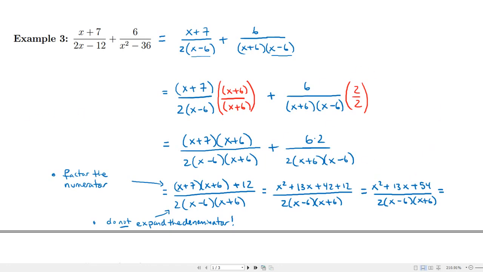Anything else? If we think about all the factors of 54, we'd have 1 and 54, 2 and 27, 3 and 18, 6 and 9. I don't think any of those are going to give us the sum 13. So what that actually means here is that this numerator is irreducible. There's no further reduction that can be done.